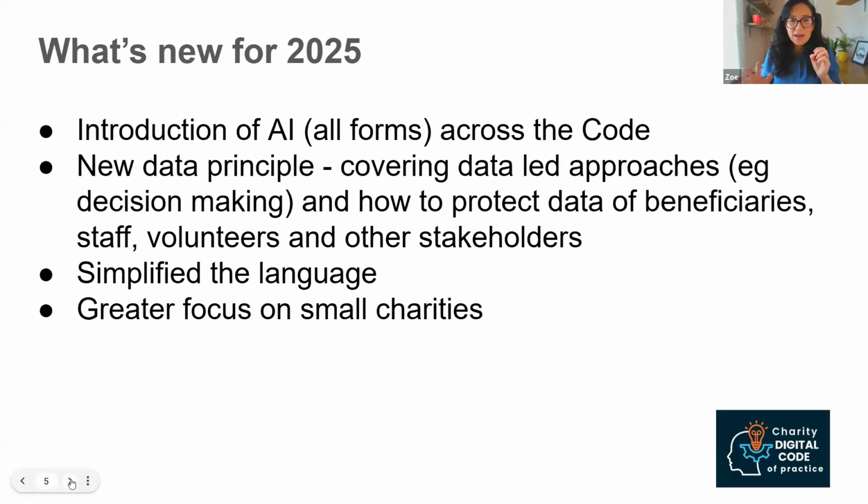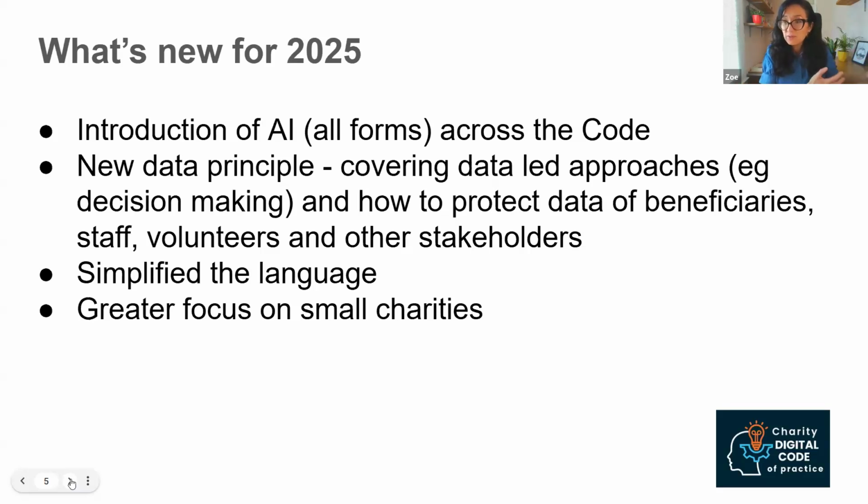Okay, right. So let's get into what's new for 2025. So obviously the really big change from 2018 is there is much more of a focus on AI now across all areas of the code. So across all the seven principles, it's a bit of a golden thread. And back in 2018, obviously, we were in a completely different generation for AI.